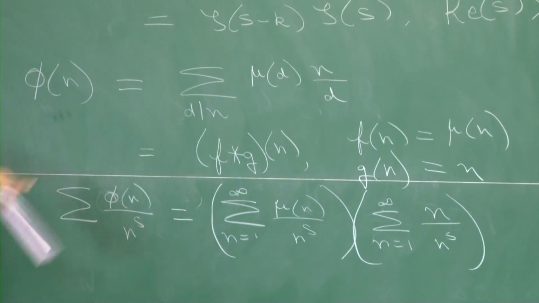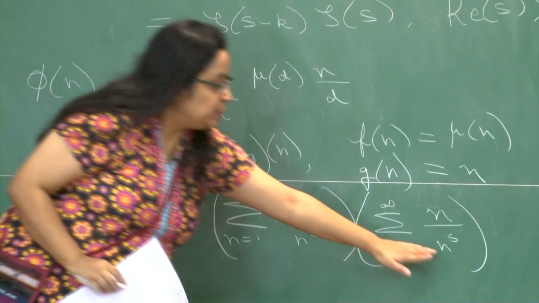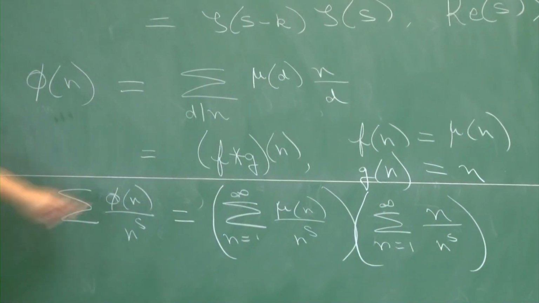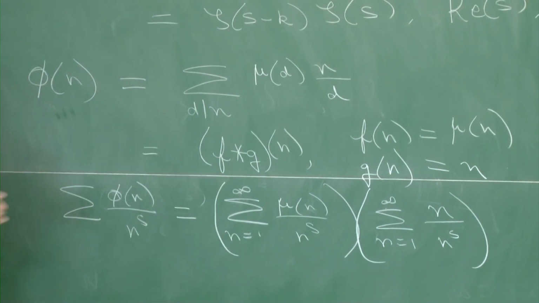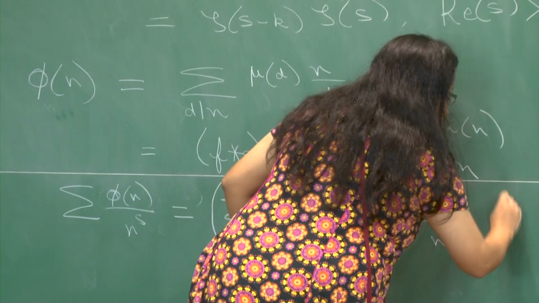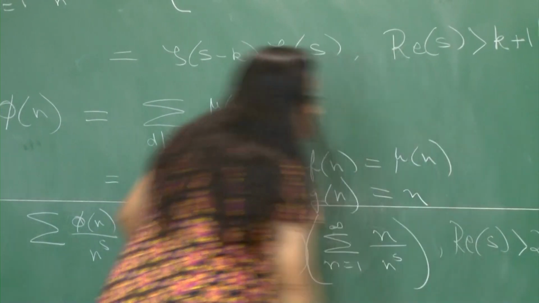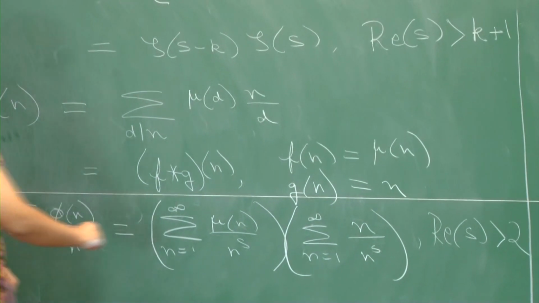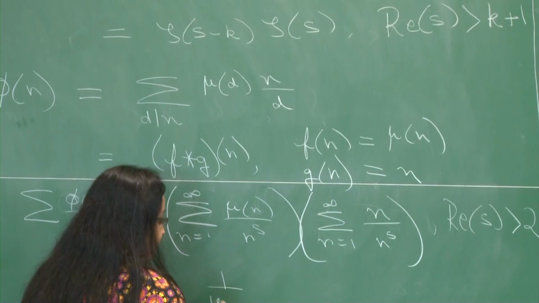Okay, so the real part of s minus 1 must be greater than 1 for this series to converge absolutely. This of course converges when real part of s is greater than 1. So, in general you can take real part of s greater than 2 and you end up getting that this is equal to 1 over zeta of s.